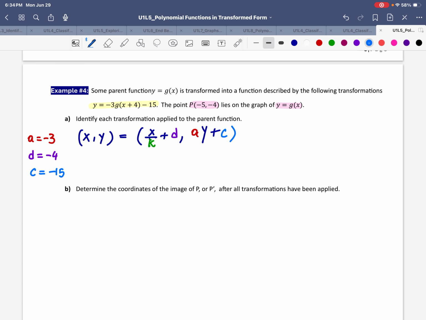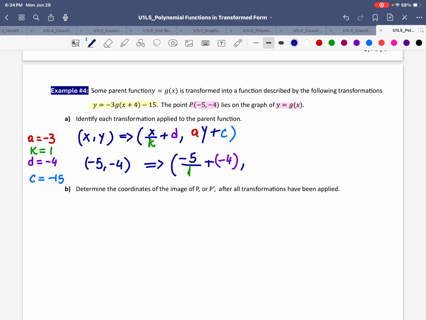True, the value of k is 1, so the function is not affected by it, but I am going to list the coefficient k regardless. So all you have to do now is substitution. So we're going to say that the point with coordinates -5, -4 has now changed to become: -5 is now divided by 1 and you add -4.